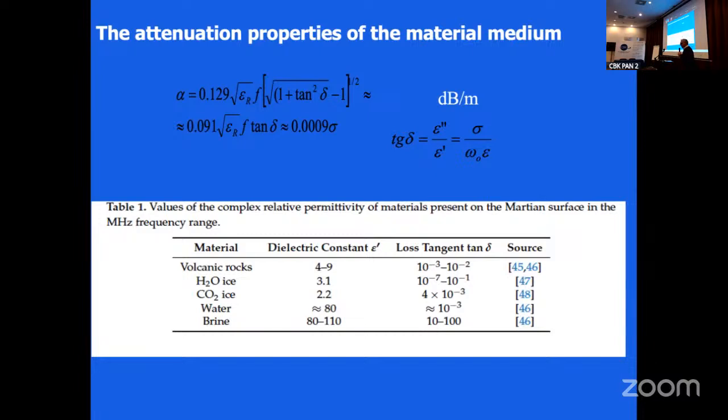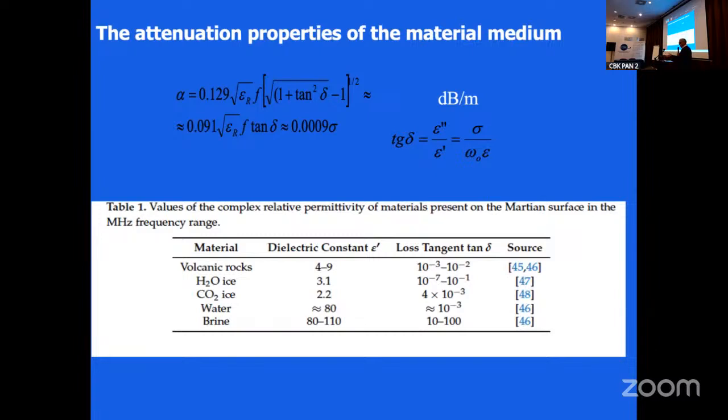Okay? And you have some numbers here of the electric constant, because on the surface of the planets we have volcanic rocks, we have ice, a lot of ice, as you will see. We have CO2 ice, and brine, basaltic rocks, different types of things.